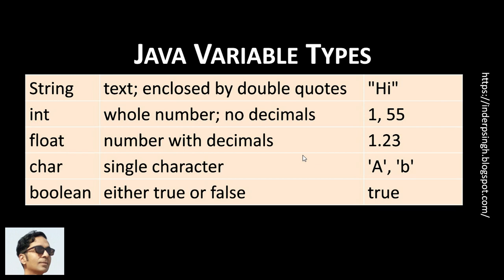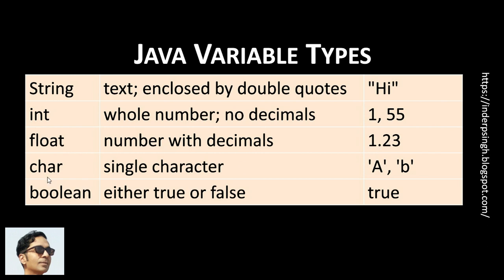Next in this Selenium tutorial, I will enhance this test case to select the radio buttons automatically until the answer is correct. So for that I need few more variables. Now let us see the remaining variable types in Java. One is a float, which is a number with decimals, for example 1.23.